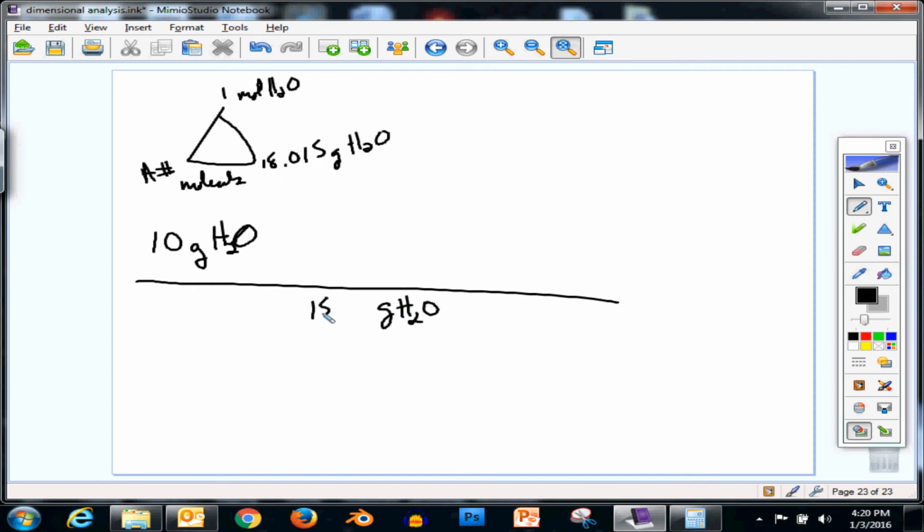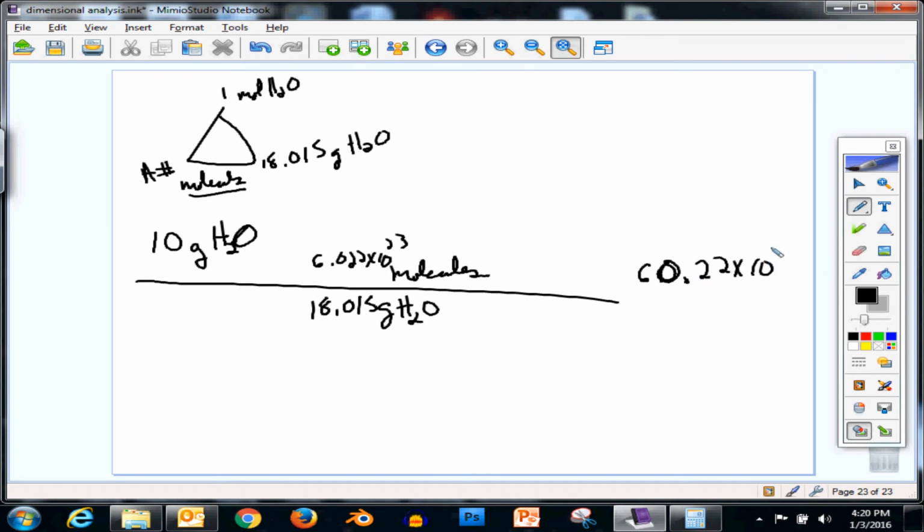And I'm asked to find how many molecules. So, what am I given? 10 grams. Notice this is a little different. So now I got grams of H2O. What number goes with grams? 18.015. What am I looking for? I'm looking for molecules. So what number goes here? 6.022 times 10 to the 23rd molecules.